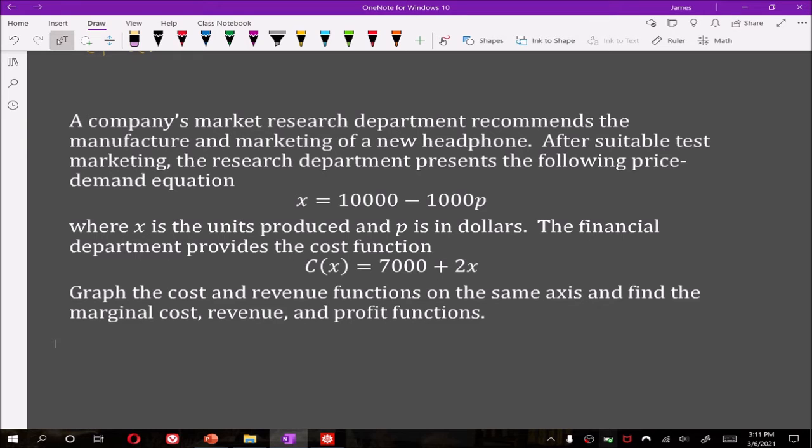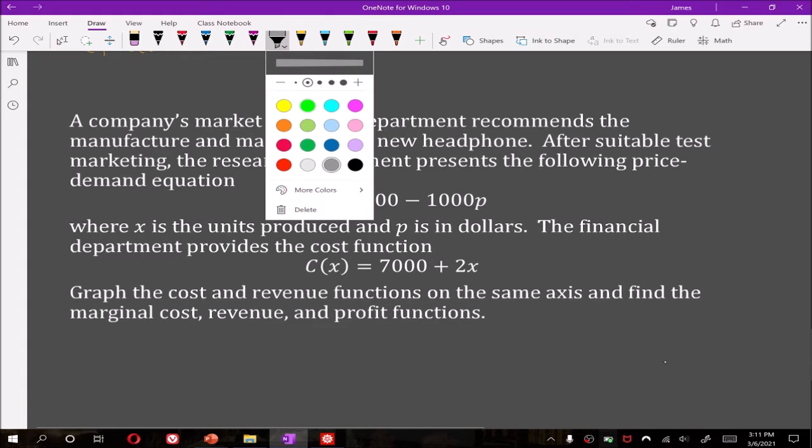All right. So what we need to do is we need to find revenue, right? We already have the cost function. Now remember, revenue is the number of units sold times the price charged per unit. What we need to do is we'll need to come up here.